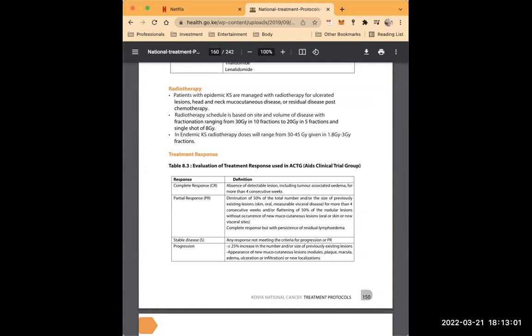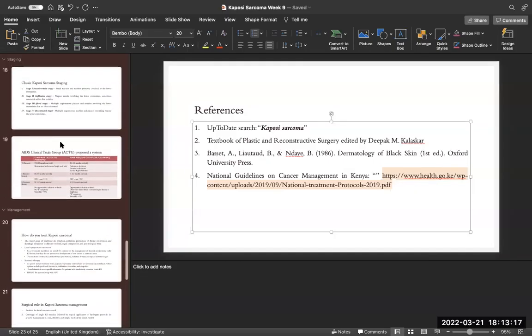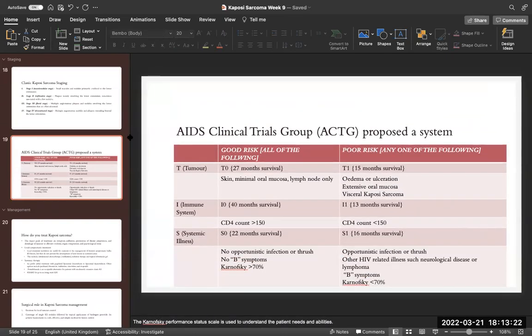How are you? Can you please go back to the table of the AIDS Clinical Trial Group classification of the poor risk and the good risk? There is something I want clarification on there. Oh, okay. This one?